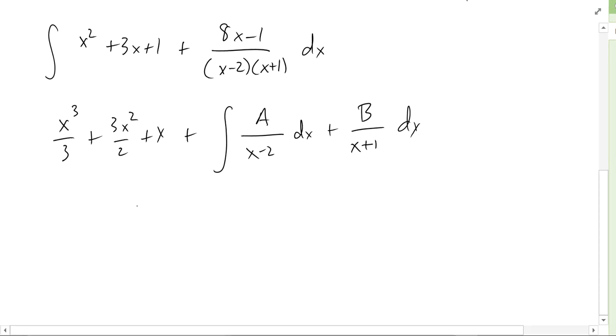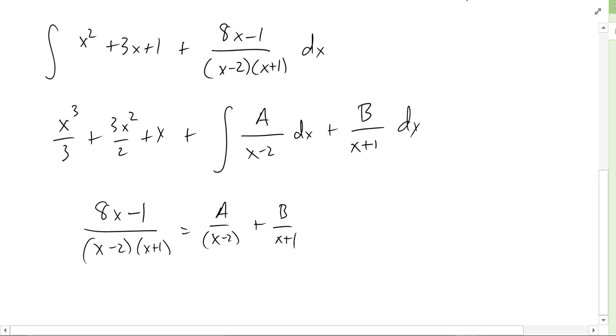And I have that 8x minus 1 over x minus 2 times x plus 1 needs to equal a over x minus 2 plus b over x plus 1.